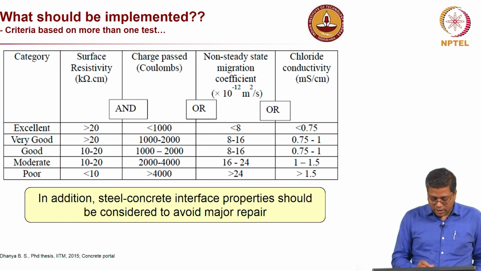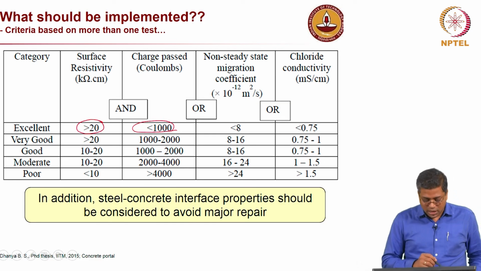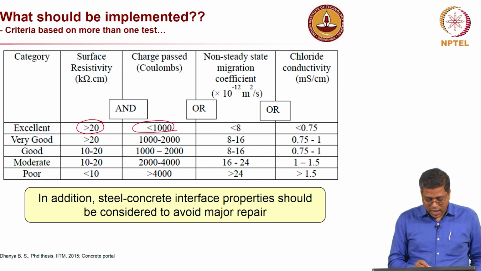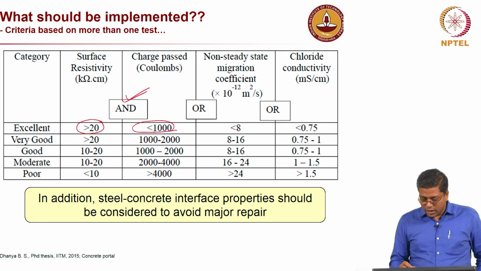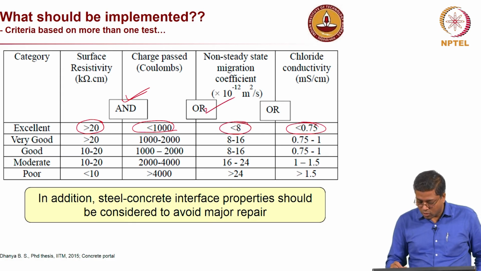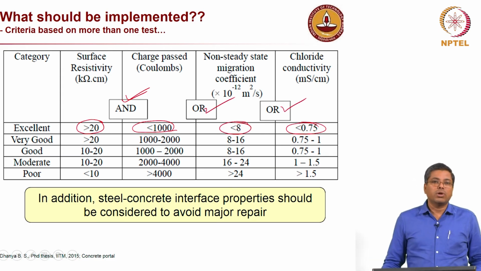For example, here is one case: if the surface resistivity is greater than 20, or the RCPT charge passed in the RCPT test is less than 1000, and any of these three, this is an OR condition.